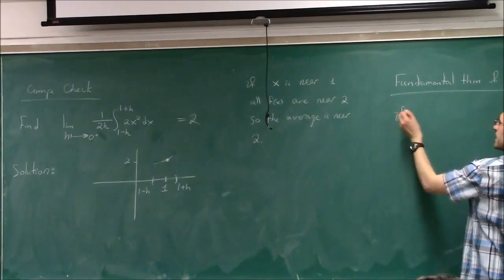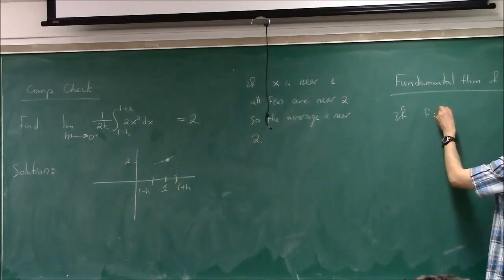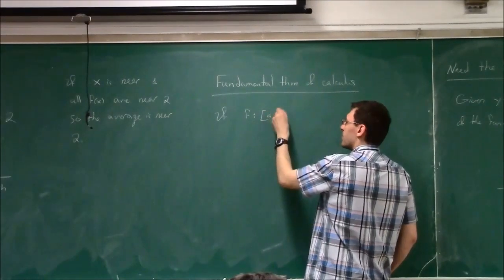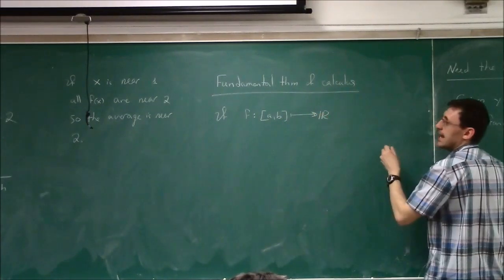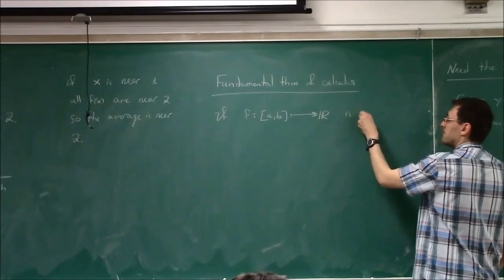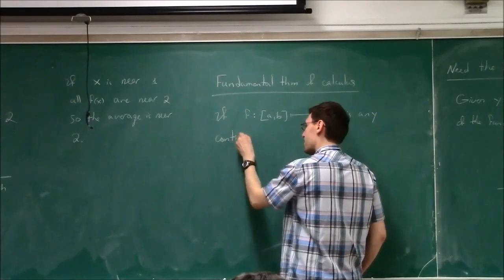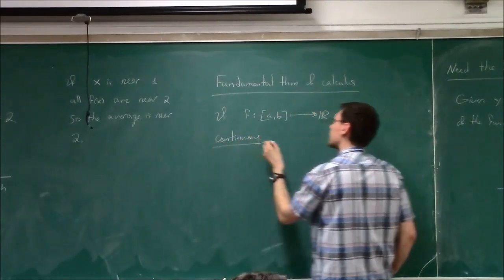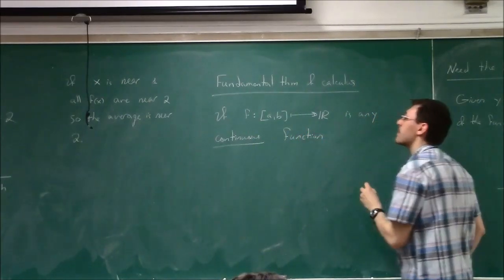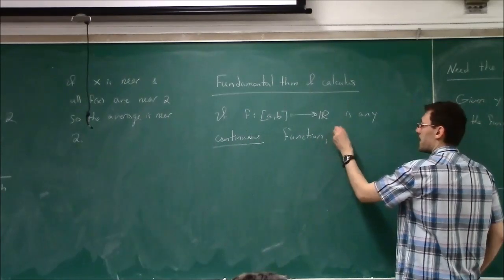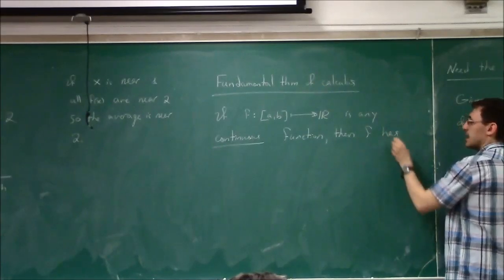So if f from [a, b] to R is any continuous function, and that's very important, continuous function, then f has an antiderivative.